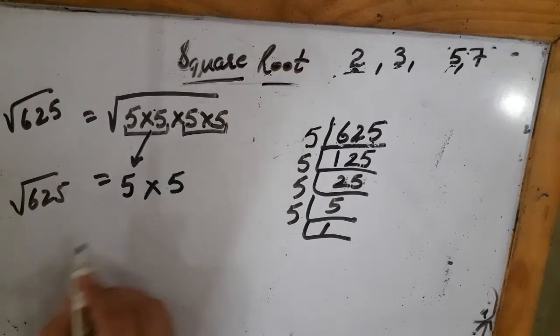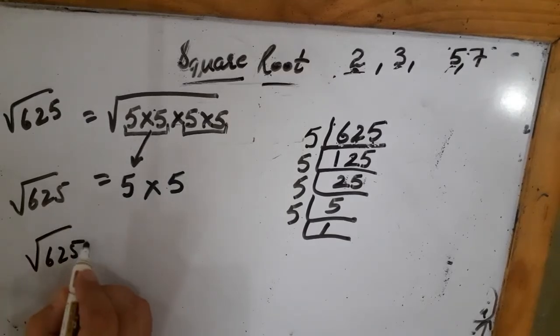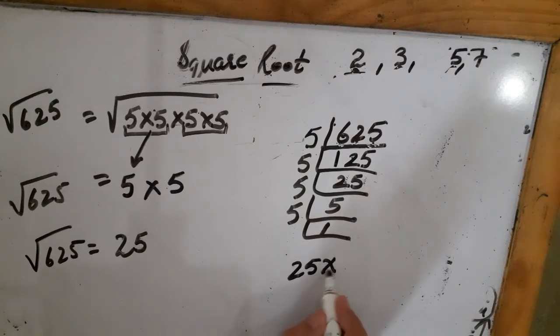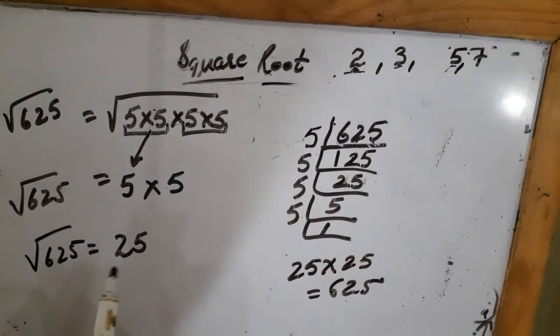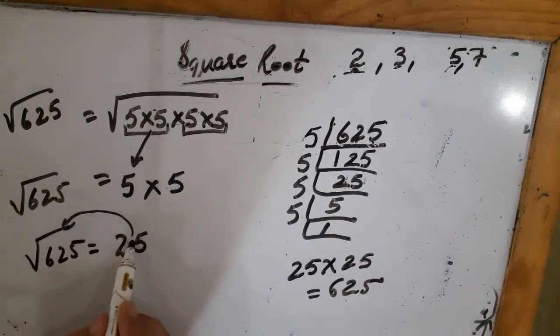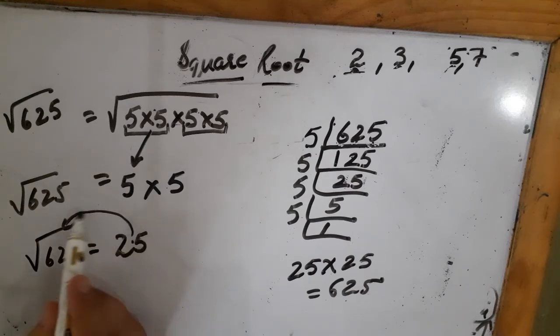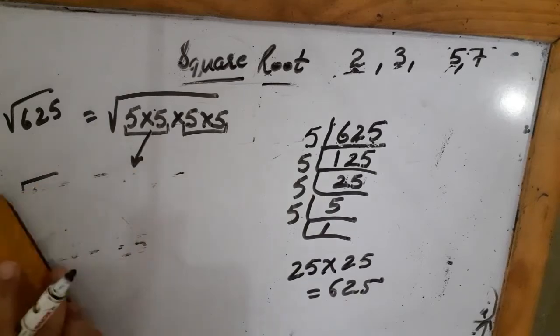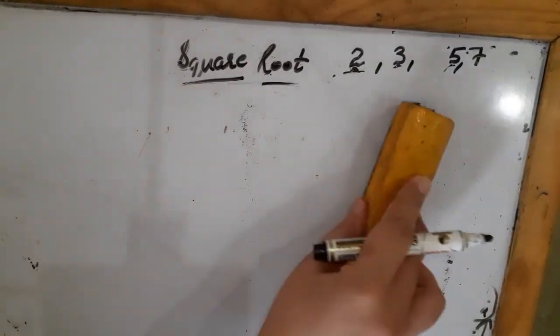So what do you get now? 5 5s is 25. So if you multiply 25 with itself, you will get 625. So the square of 25 is 625, and the square root of 625 is 25.